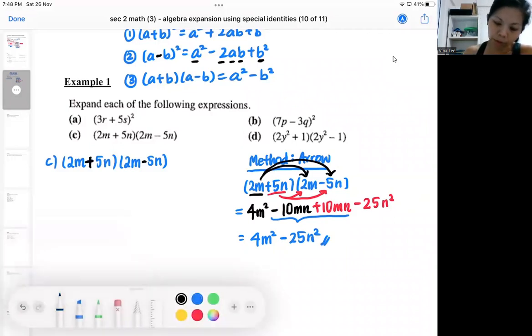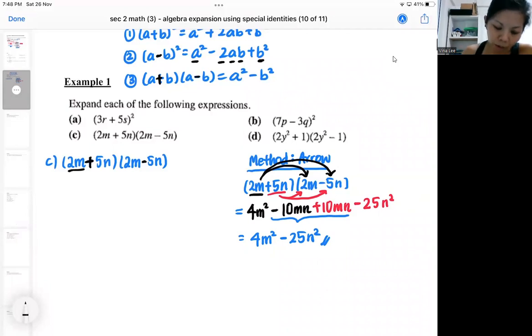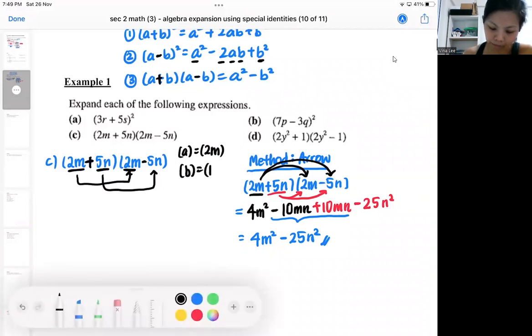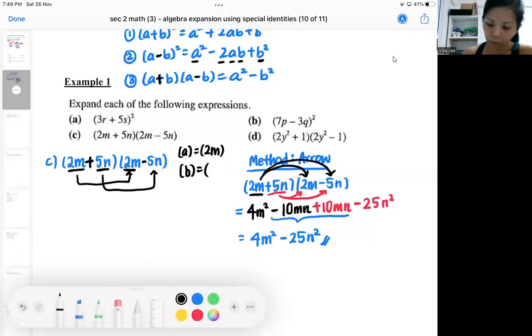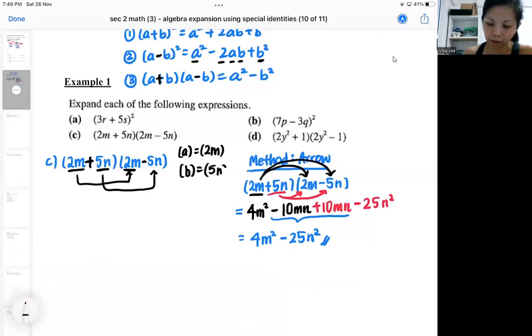So I'm going to show you how am I going to use this formula. So recognize that your A first. You need to ensure that your A are identical. Need to ensure that your B are identical. So you need to make sure your A and B are exactly identical.